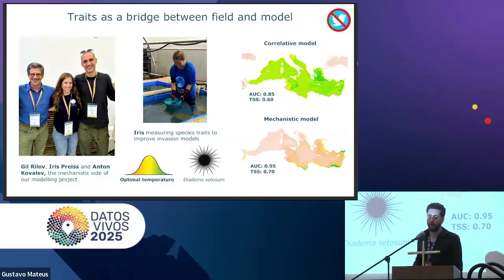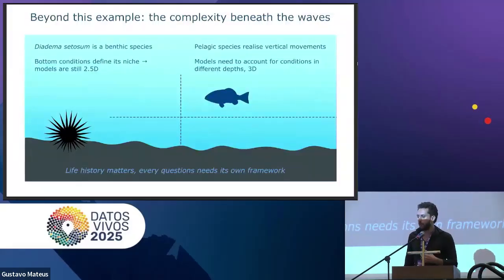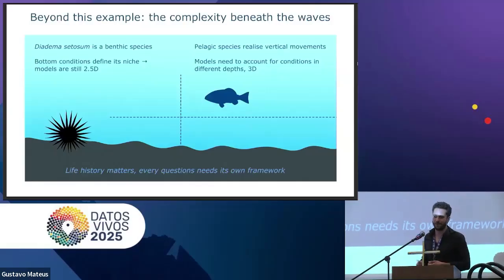So it's still very preliminary, but it shows that for this species at least, it worked really well. Of course, we have to think that this is a case of success. Of course, I wouldn't bring all the things that we tried and didn't work to show in a conference. We're still trying to improve it. And we are dealing with a benthic species, so we don't have to worry so much about depth in the model, but it's a benthic species.